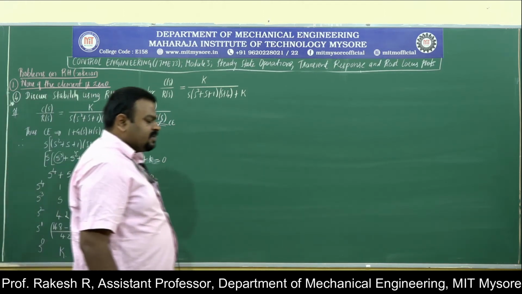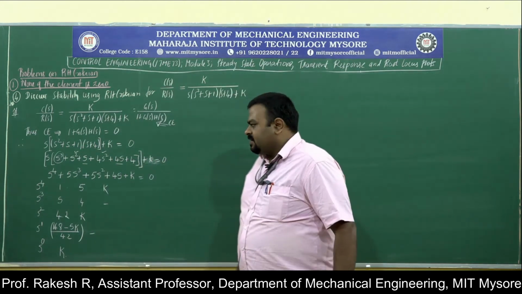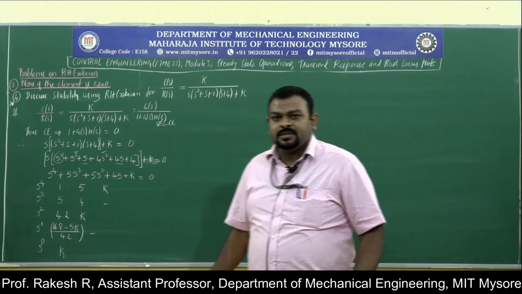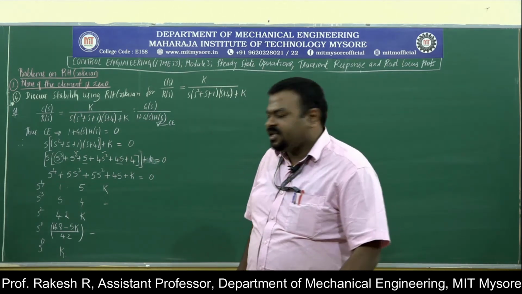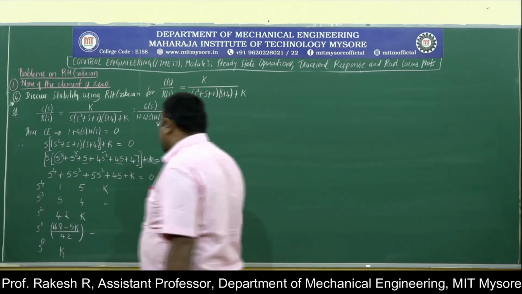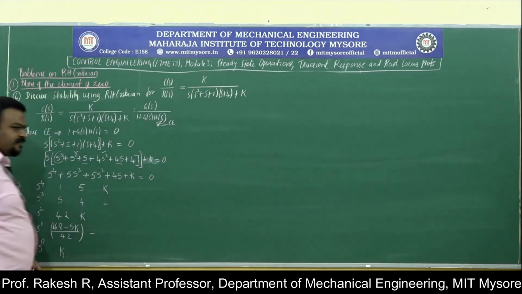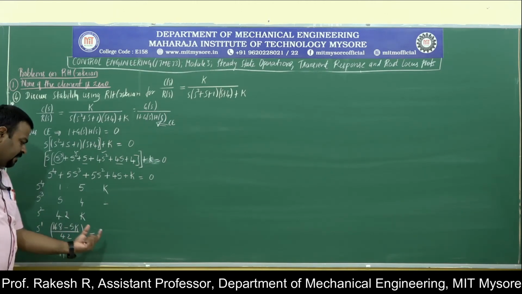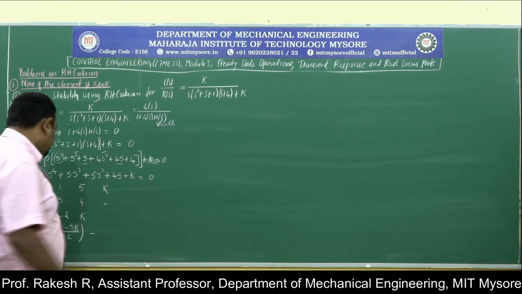So let us solve the value of K here and also observe the sign change. Here there is no sign change. That sign change depends upon the value of K. So let us find out how to get the value of K. Here I will take the S to the power of 1 coefficient. This value I will equate to 0.